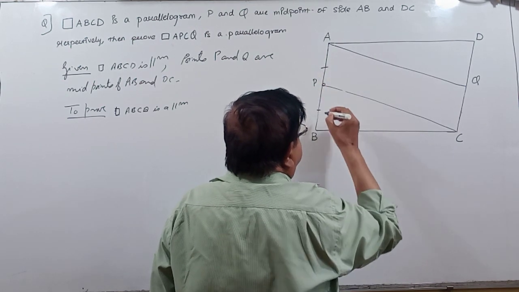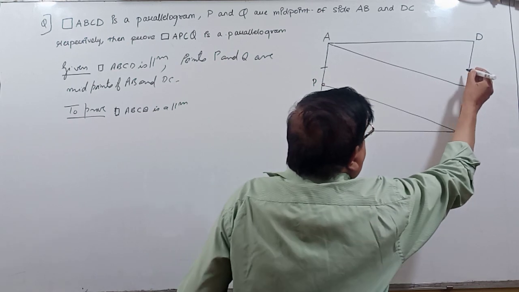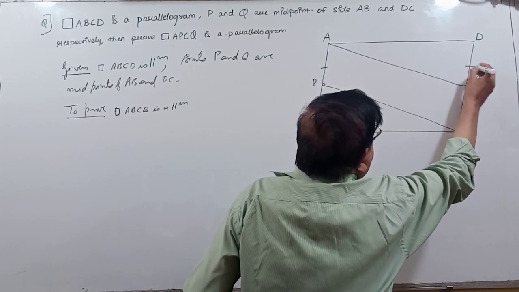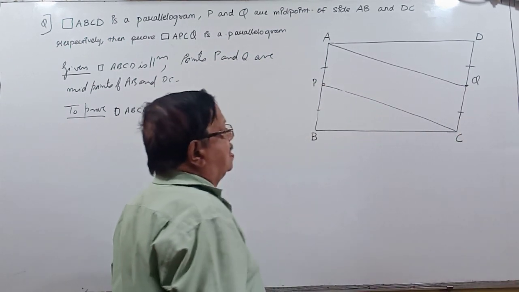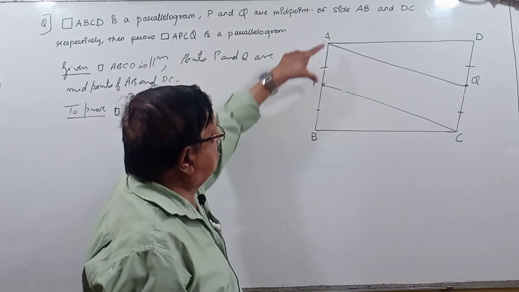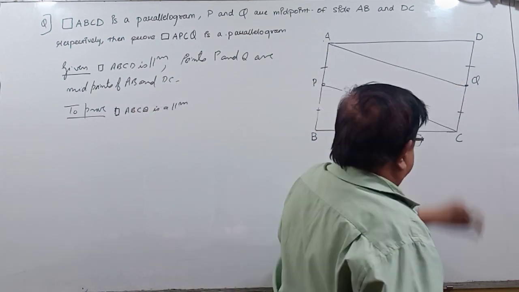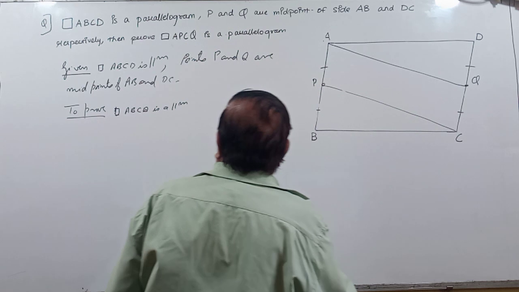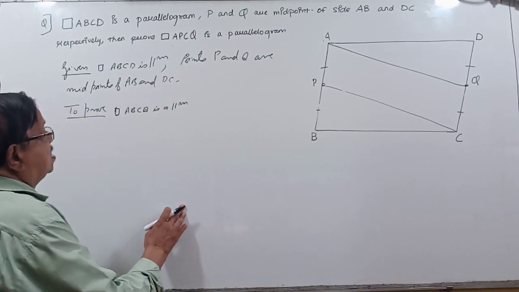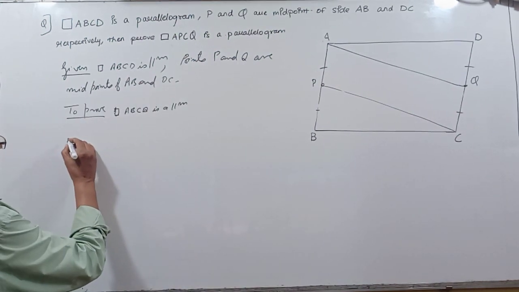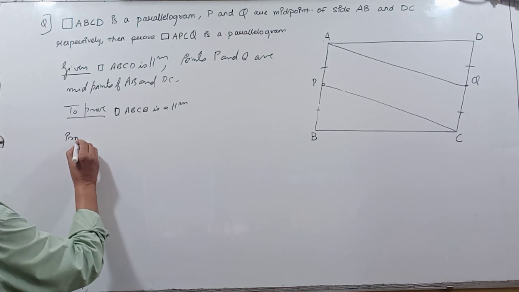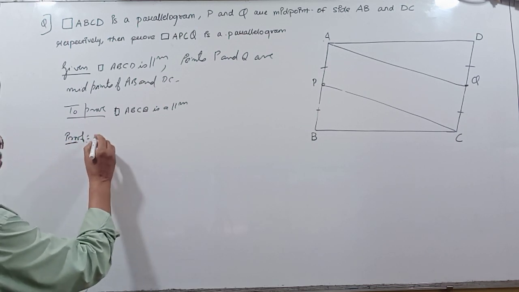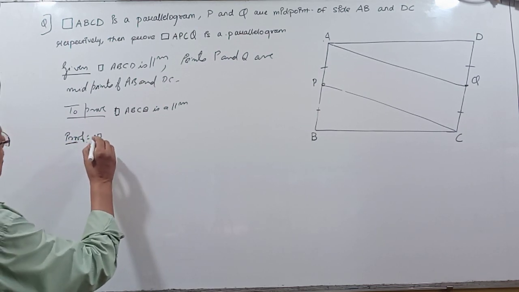This is equal to this, and also Q is the midpoint, meaning this is equal to this. Right. This is equal to this and this is equal to this. Now we write the proof. Quadrilateral ABCD is a parallelogram.